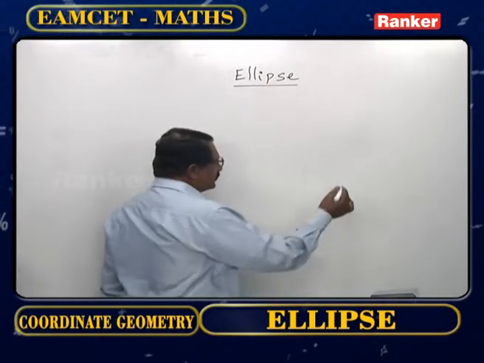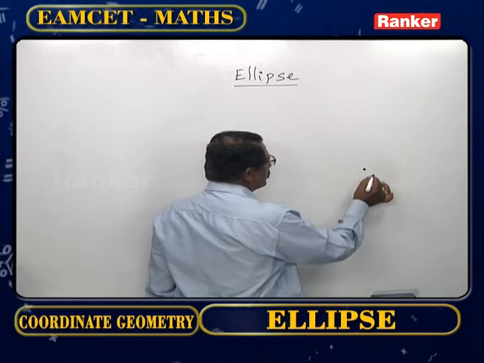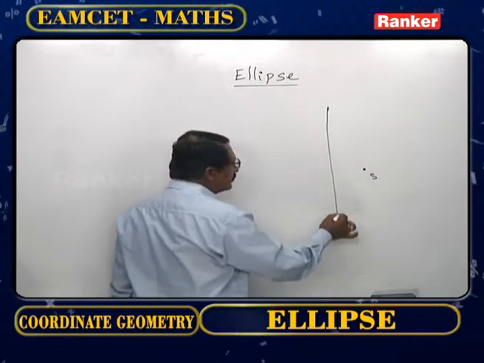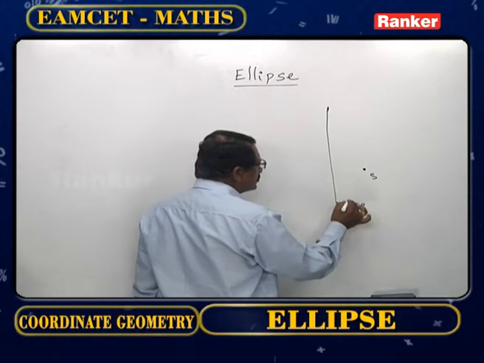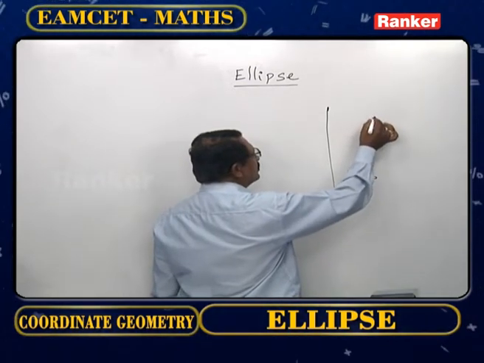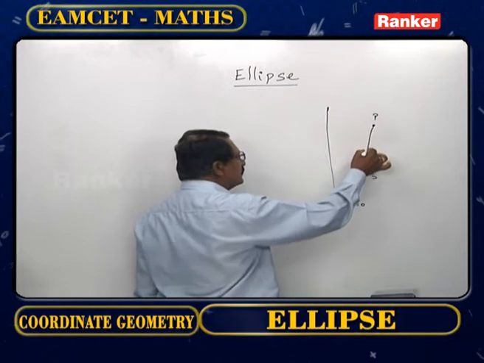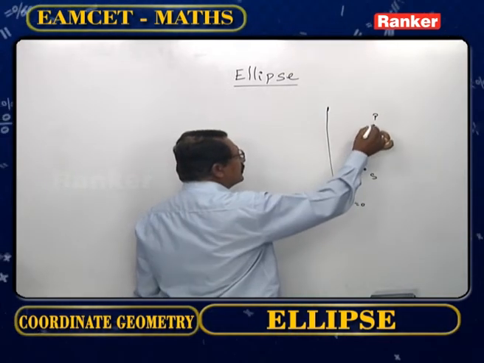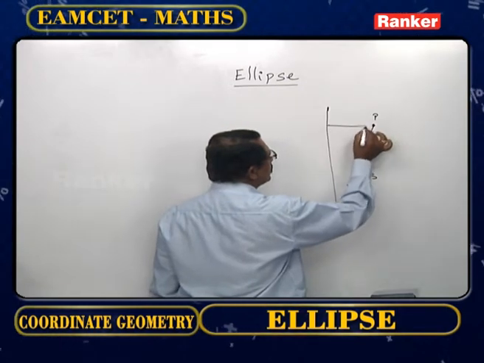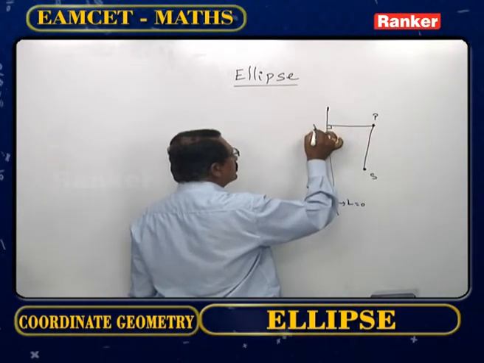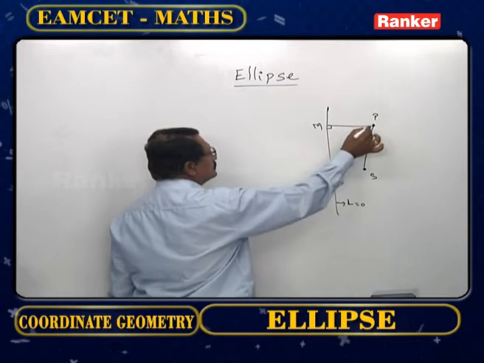Suppose S is a fixed point, L equals 0 is a fixed line, and P is a variable point. The distance between the fixed point and the variable point P is SP, and the perpendicular distance from P to the fixed line L equals 0 is PM.